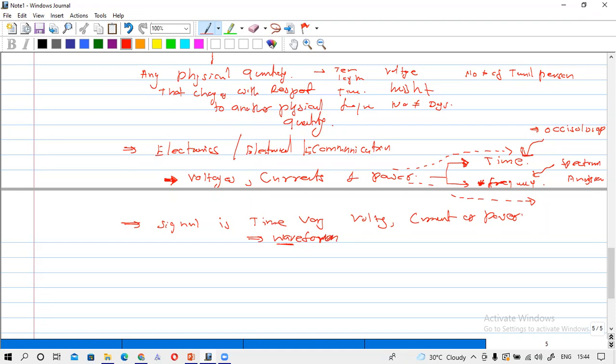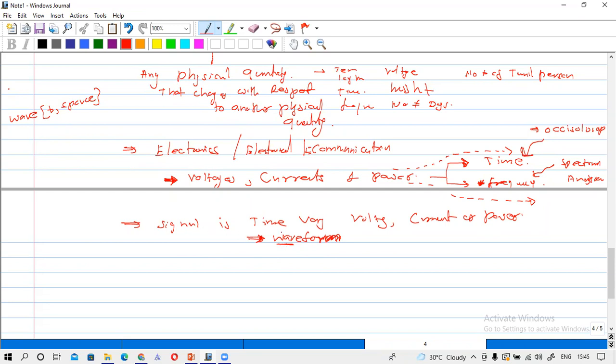Actually, a wave is another thing. It also depends on space. This is not a wave. A wave is a function of both time and space.